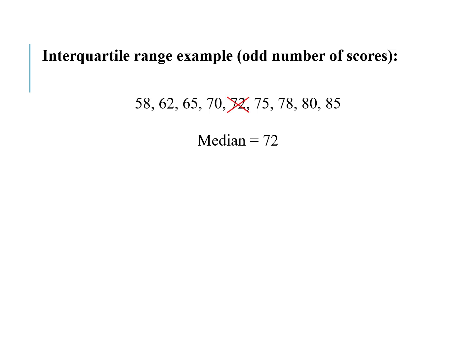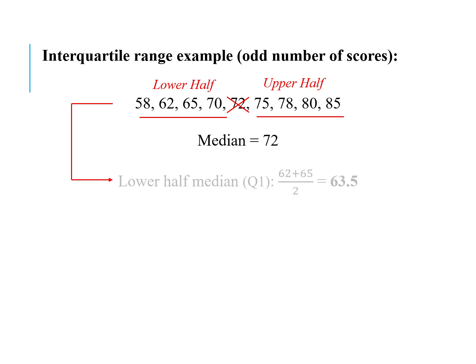And what this does, it gives us a point of reference for our lower half and upper half of the distribution. Taking the lower half, the 58, 62, 65, and 70, we are just going to find the median of these numbers. Given that this leaves us with an even number of scores, remember that we need to take the average of the two middle scores, which in this case is 63.5.